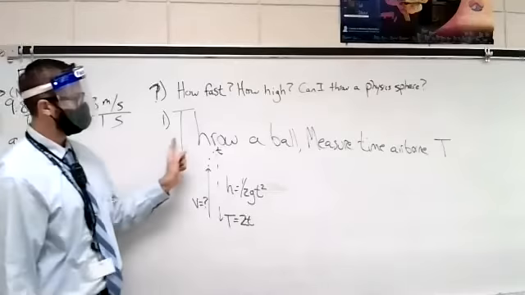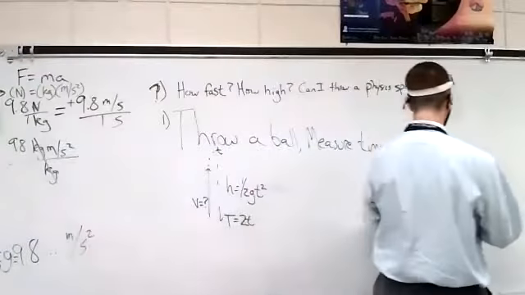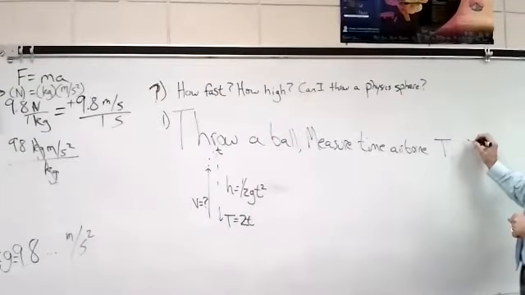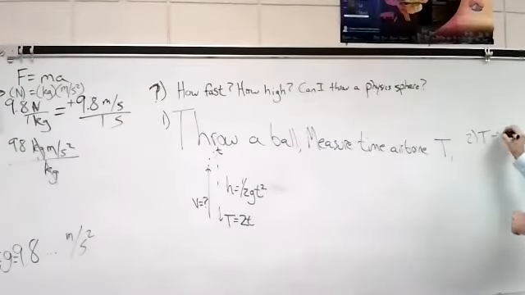So if you measure the total time airborne T, then the next thing you're going to do is, let's call this step 2, T divided by 2 equals t, lowercase t.